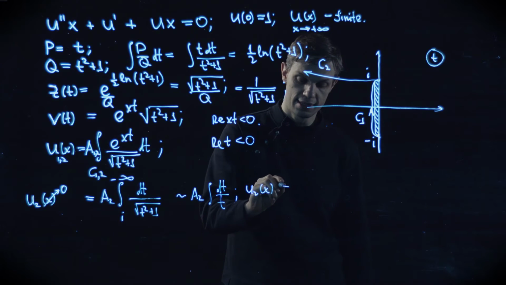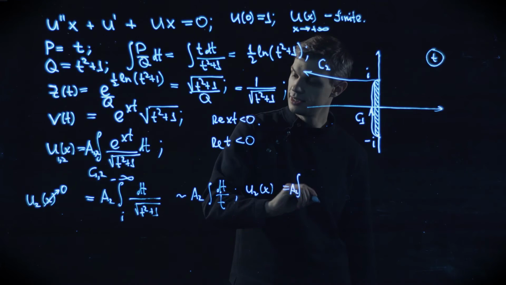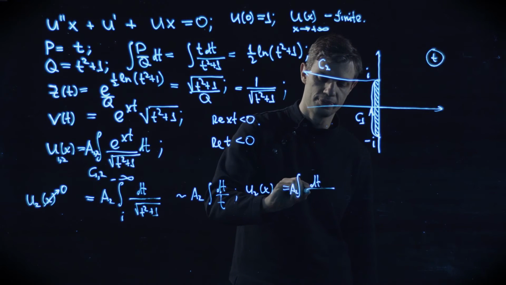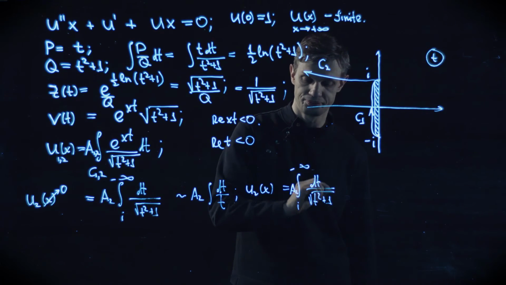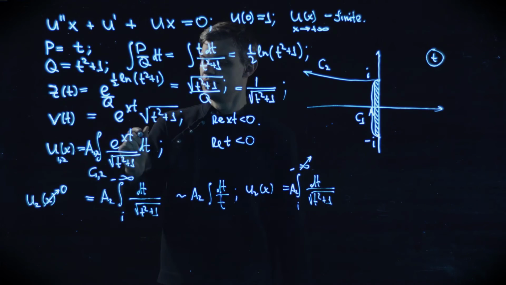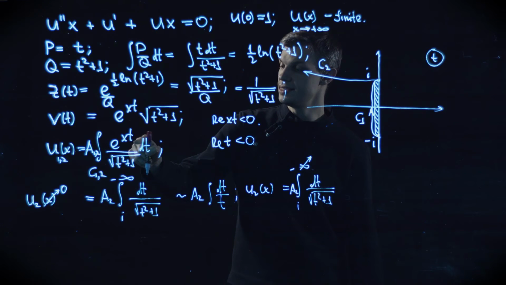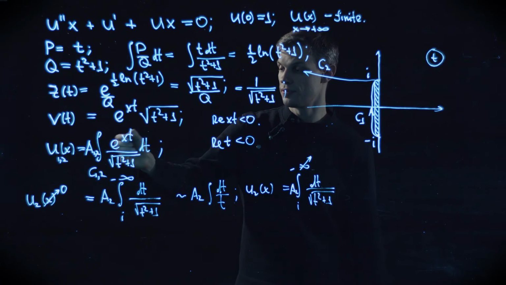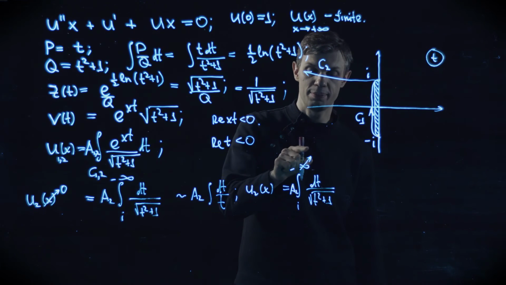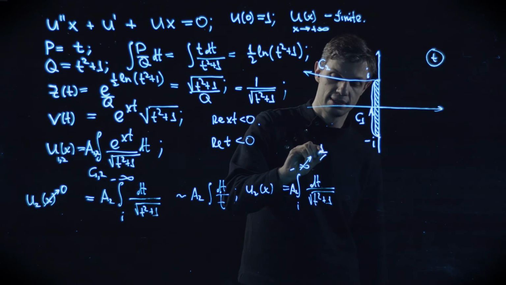So u of x is equal to the same integral a2 times dt over square root of t squared plus 1 from I to minus infinity. The change of this exponential to 1 is only true for t which is much smaller than 1 over x, so the exponent of this exponential is small. So the upper limit of this integral is of the order of 1 over x.